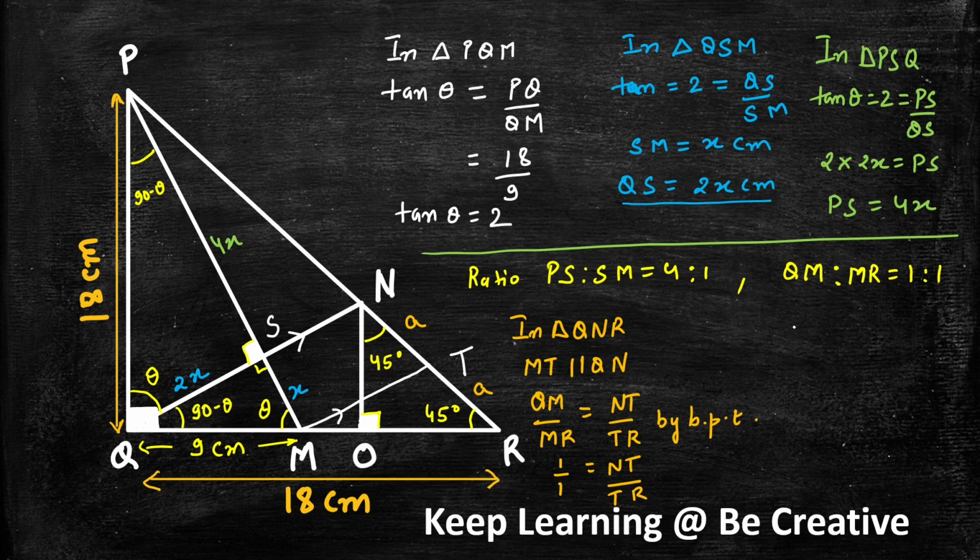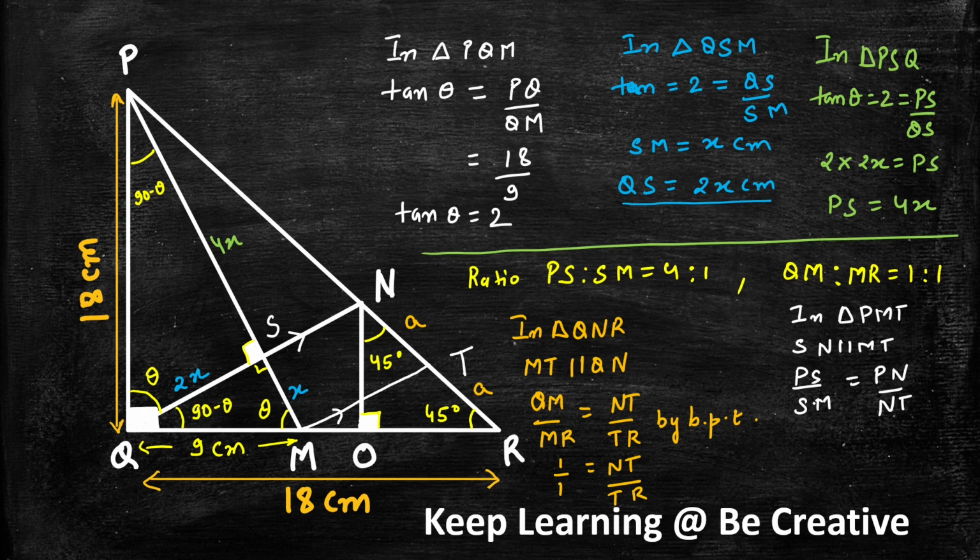Now next, in triangle PMT, if I apply the same thing, since SN is parallel to MT, what I can apply here is PS upon SM is equal to PN upon NT.